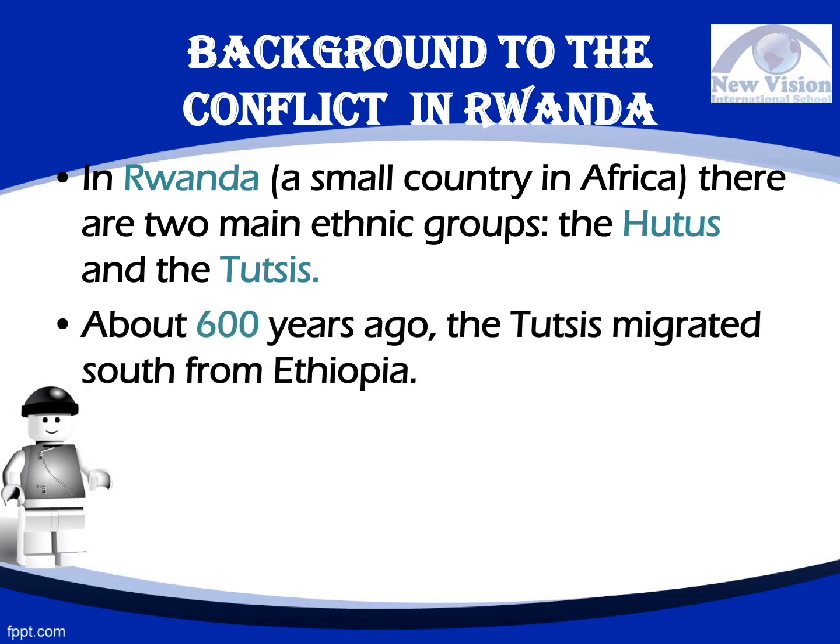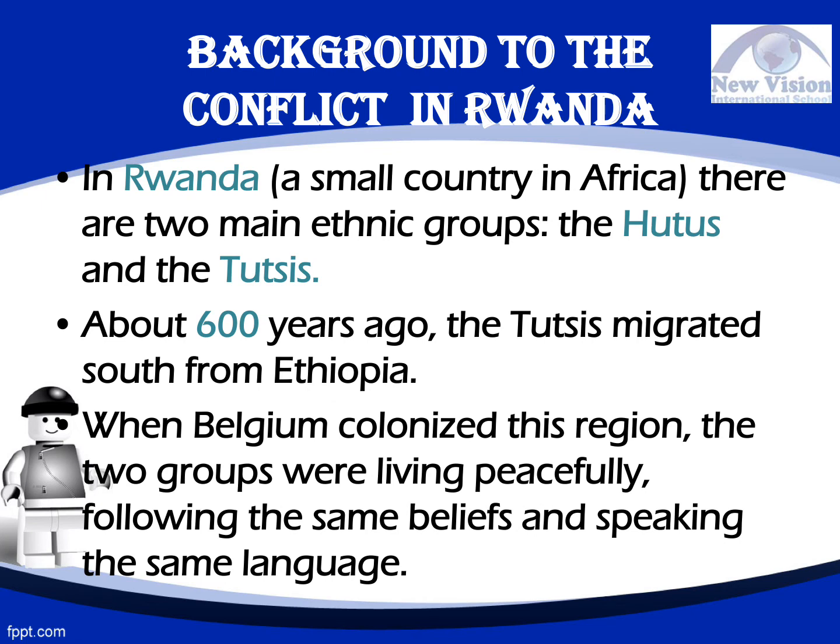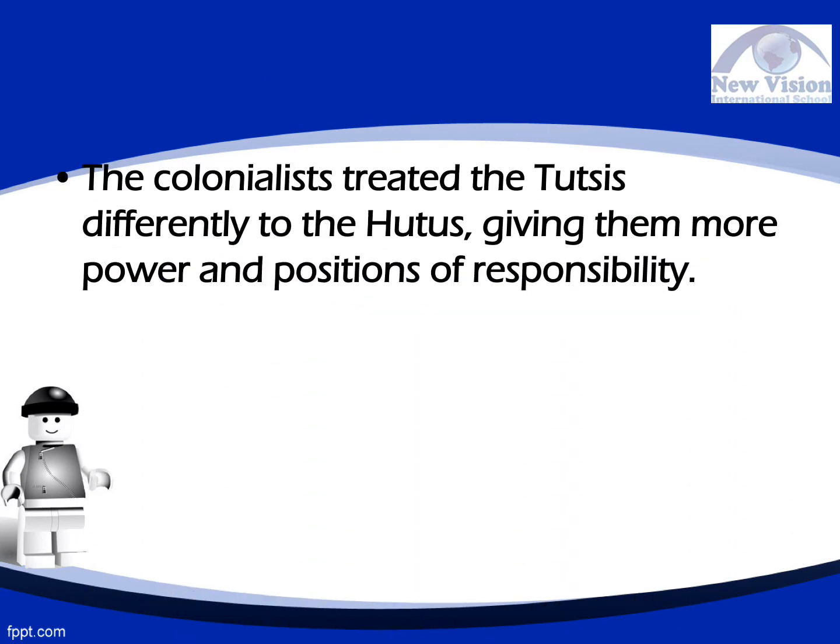About 600 years ago, the Tutsis migrated south from Ethiopia. When Belgium colonized this region, the two groups were living peacefully, following the same beliefs and speaking the same language. The colonialists treated the Tutsis differently to the Hutus, giving them more power and positions of responsibility.